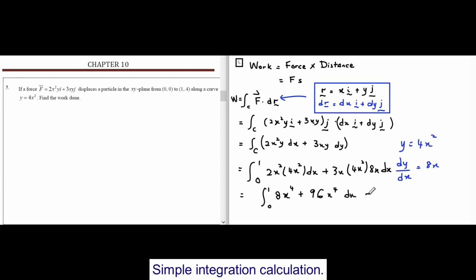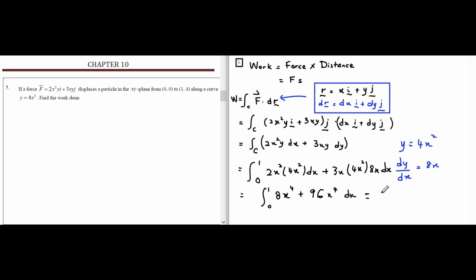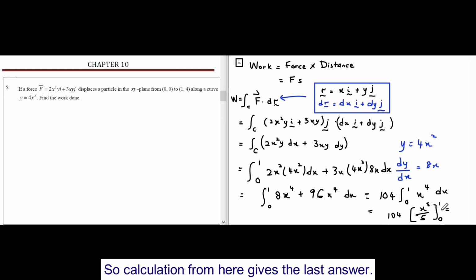A simple integration calculation, and the calculation from here gives the last answer.